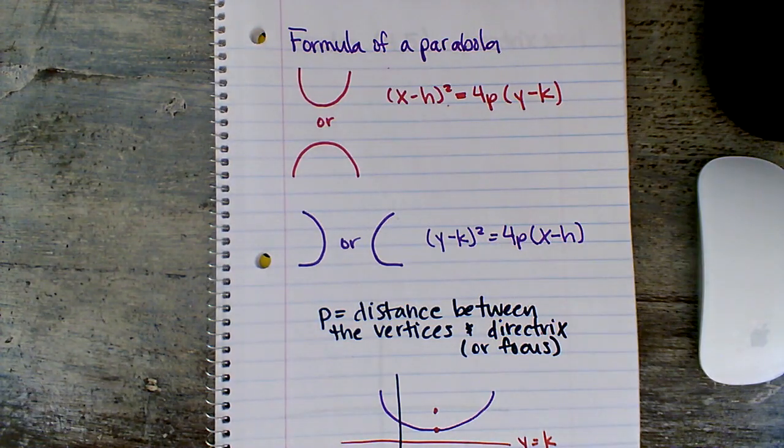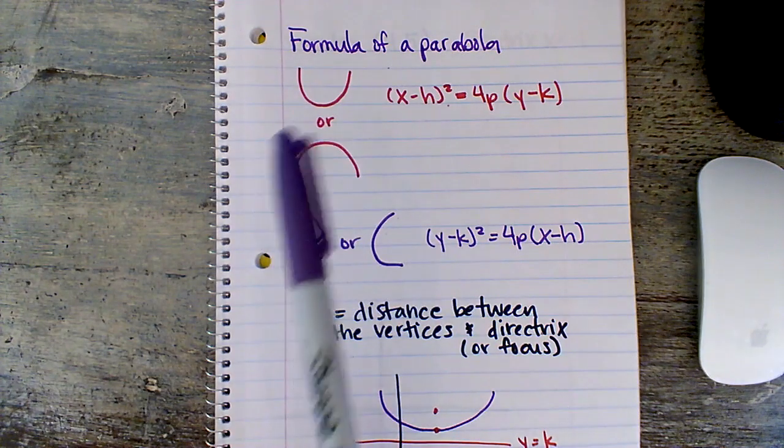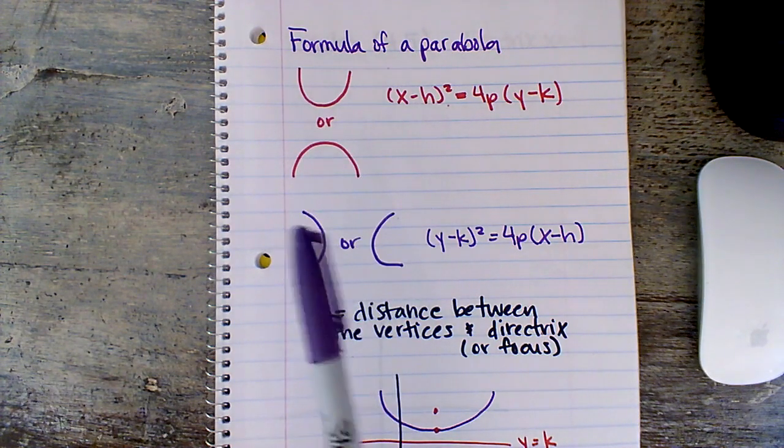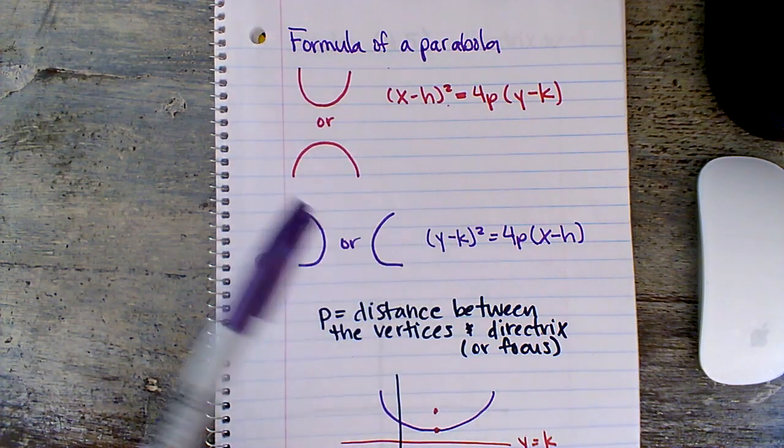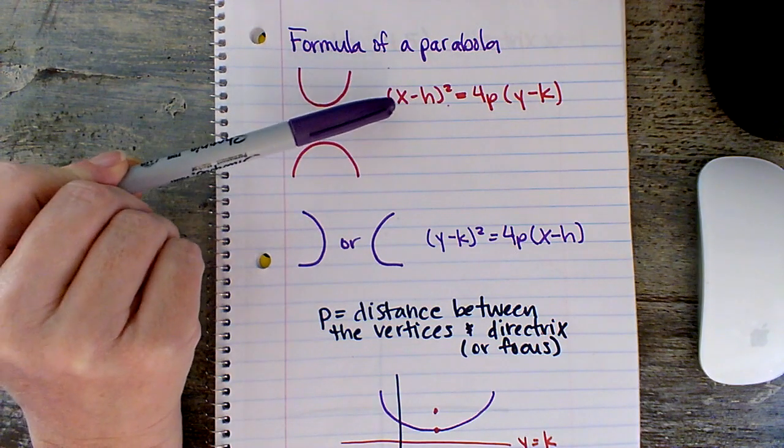Okay, so just to remind you, if you were struggling with understanding the formula of a parabola and you need a little refresher, remember that the basic formula is the same, but it depends on which way your parabola is facing, up or down or left to right, as to which one you're going to put first.